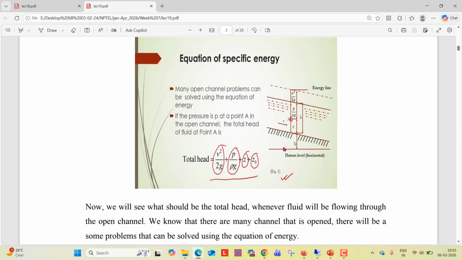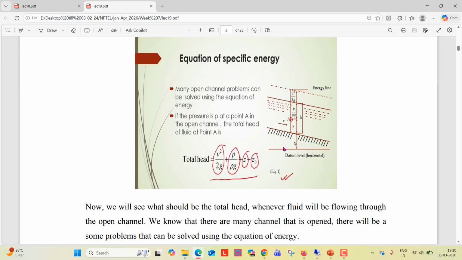In the last class we calculated the total heads. First we calculated the kinetic energy portion, v square by 2g, then we calculated the pressure difference after putting it in Bernoulli's equation, and from there we got the pressure head.